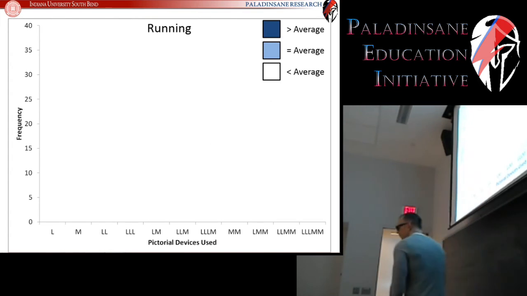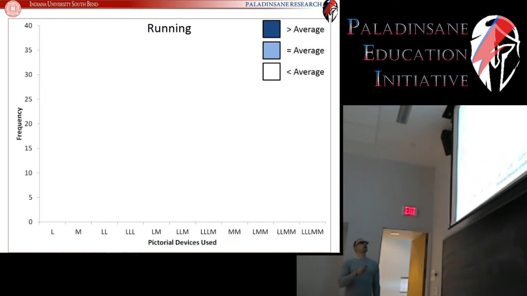All right, so the first thing we're going to see is we're looking at running. What we did is on the y-axis here, we had the frequency. So how many times did we find each of these combinations? And then on the x-axis here, we have the pictorial devices that were used. So the L stands for literal, the M stands for metaphorical, and the number of letters stands for the number of devices used.